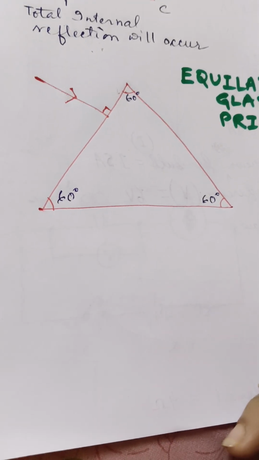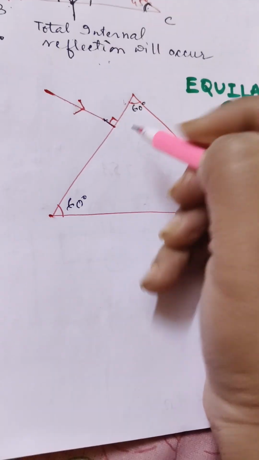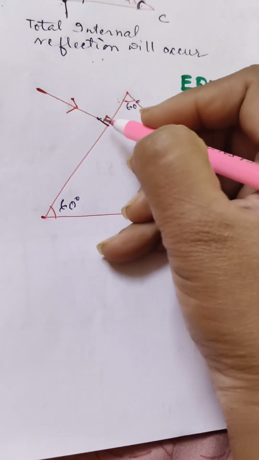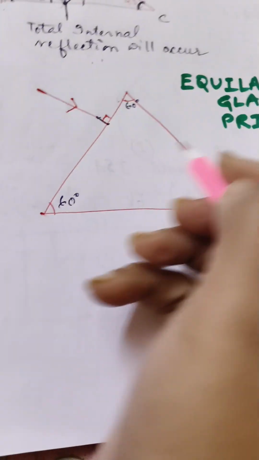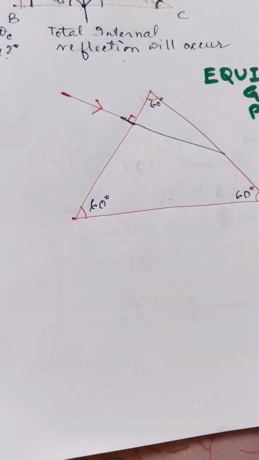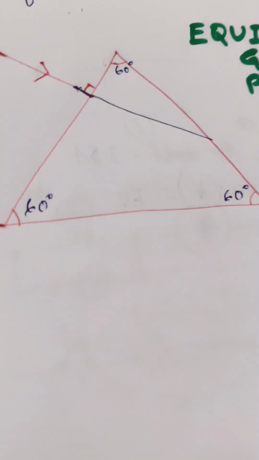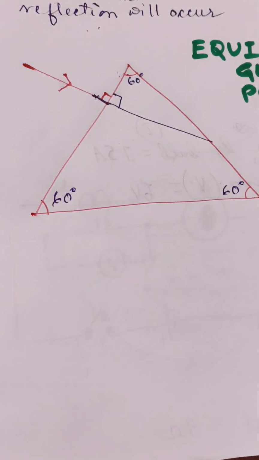So here, when an incident ray comes like this, it's a normal incidence again. You know, upon normal incidence, this will pass undeviated. And passing undeviated means this again will be 90 degree.